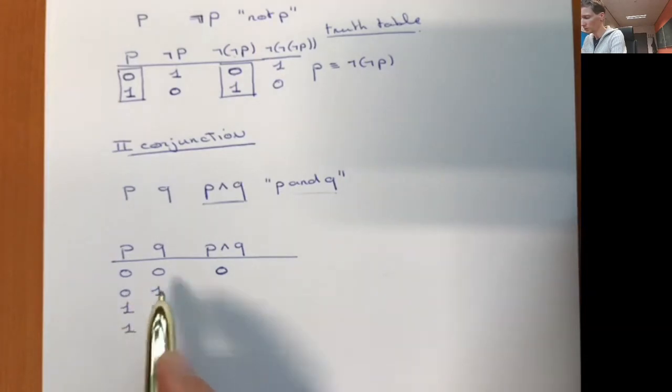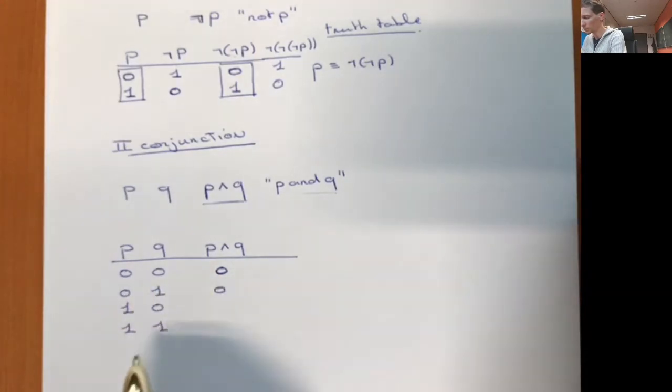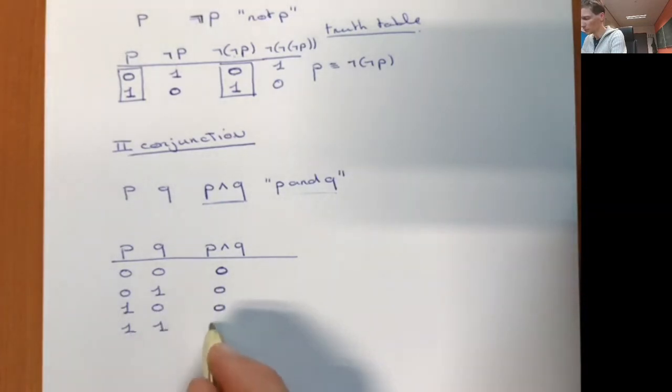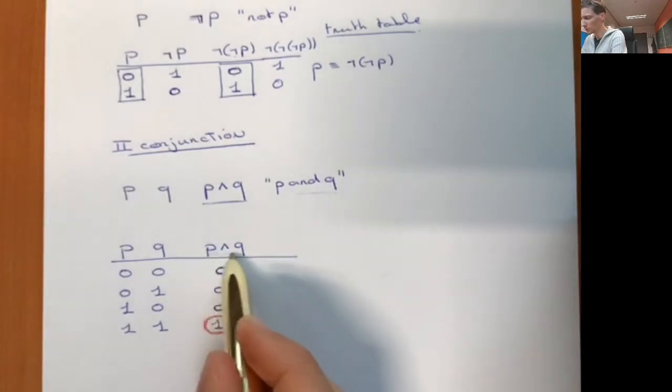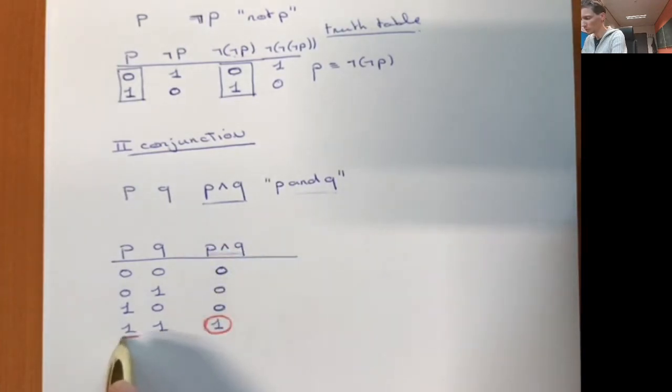If P is false and Q is true, then P and Q is false. If P is true, Q is false, P and Q is false. And if they are both true, then P and Q is true. Okay, so the only way where P and Q is true is when both P is true and Q is true.